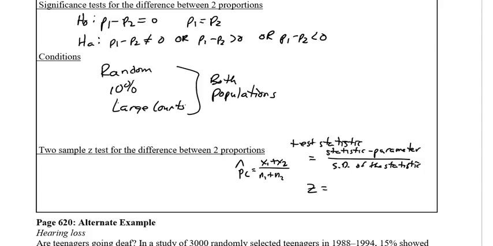So our test statistic would look like this: p hat 1 minus p hat 2 minus 0. Minus 0 because that's what our null hypothesis is, that there's going to be no difference.